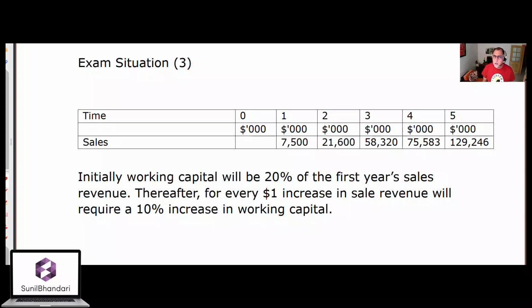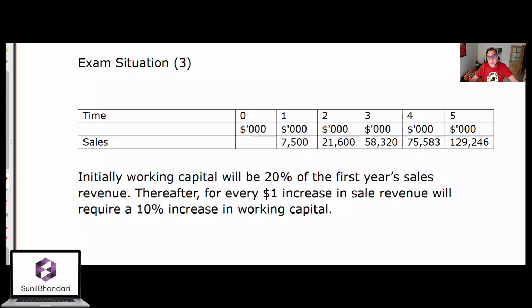That also means that if the sales value was to fall, the working capital would effectively come down. When it's talking about an increase in sales, it means an increase in investment in working capital. A decrease in sales automatically means a reduction in the investment, taking money out of the working capital account.